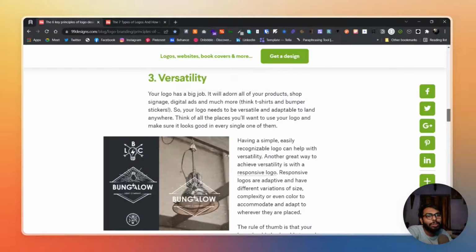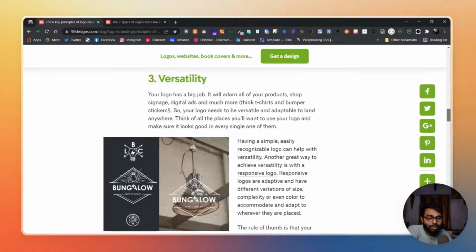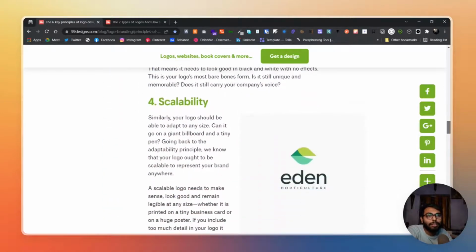It should work on any surfaces you want it to show on. It would be great if it works on both dark surfaces and light surfaces, but you can make color variations for your dark background logos and light background logos. Fourth one is scalability.